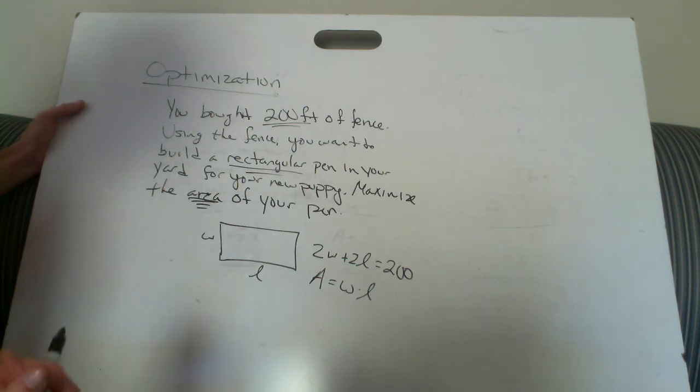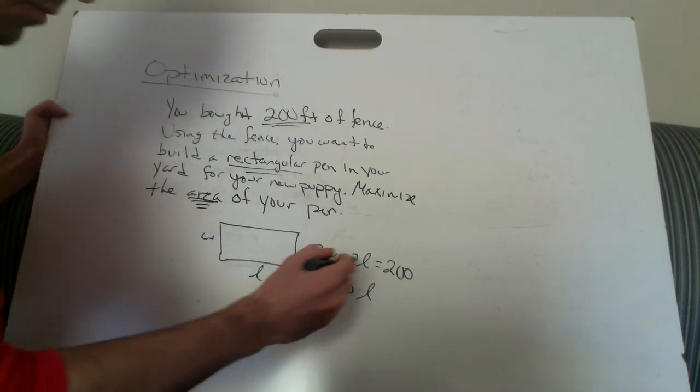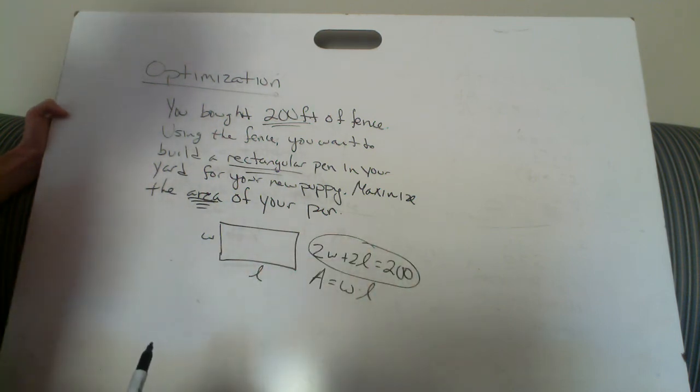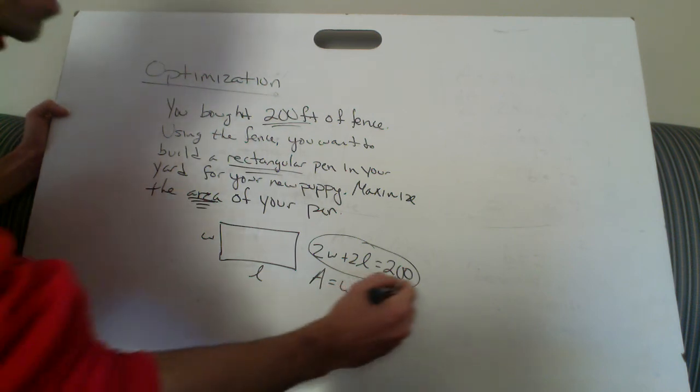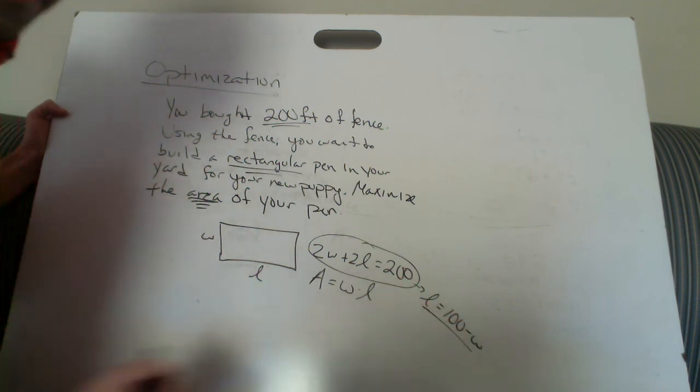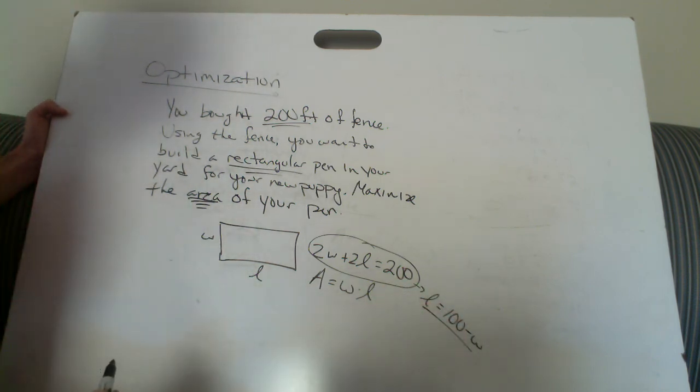So again, I'm going to follow the same procedure. I have two variables, but I have two equations. So I can solve one of the equations for one of the variables, plug it into the other equation, and then use that to maximize this area. So what I'll do is I'll solve this equation, and it doesn't matter which variable you solve for. I'll just solve it for L. To solve it for L, divide everything by 2, so W plus L is 100, and then L is 100 minus W. Great.